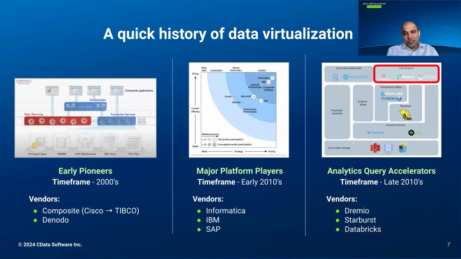So the virtualization story has evolved over the years, from relational databases to, a few years back, the Hadoop-based ecosystem. Now we see data lake query accelerators that are dominant because a lot of data is in systems like S3, structured and unstructured data.